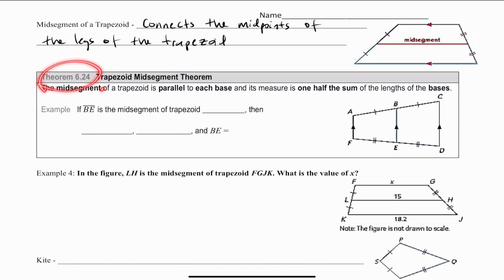Theorem 6.24, trapezoid mid-segment theorem. The mid-segment of a trapezoid is parallel to each base, and its measure is 1/2 the sum of the lengths of the bases. Okay? Remember, the mid-segment connects the midpoints of the legs of the trapezoid.